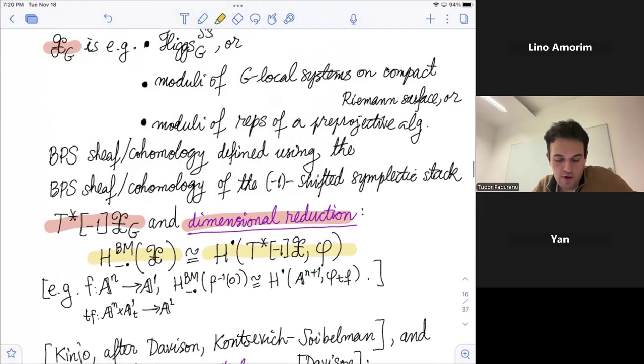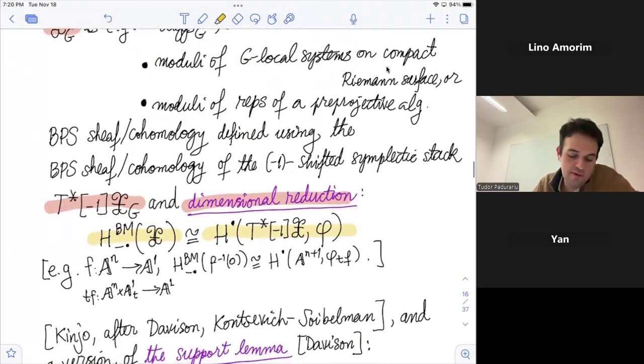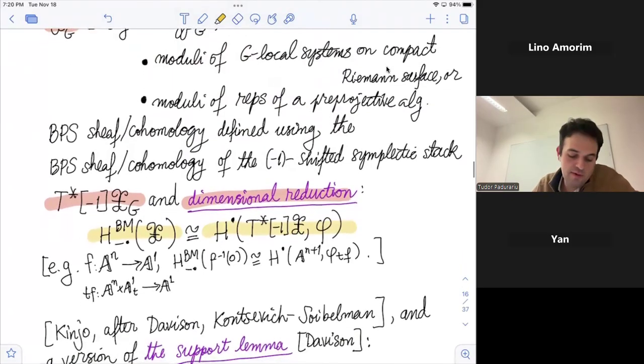So let me unravel what this is in a very particular example. Maybe there are also more general statements called dimensional reduction, but one such statement will have this following easy example as a corollary.